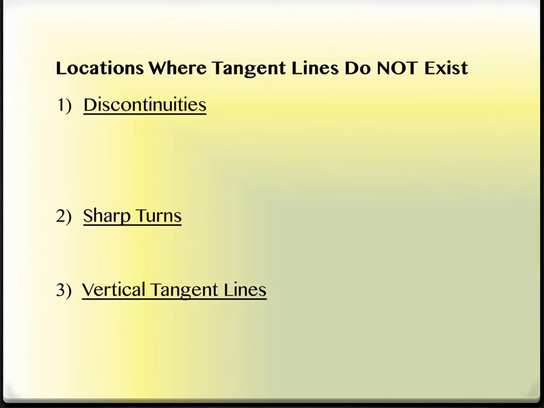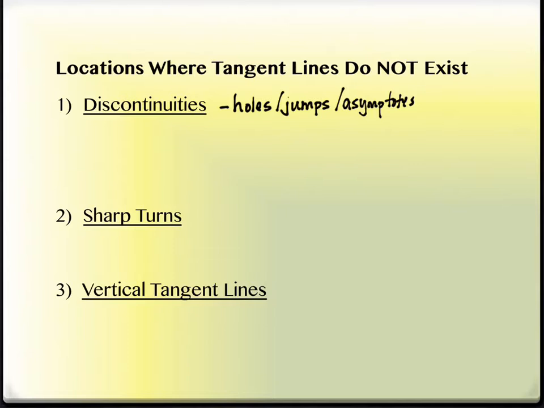So the first place where tangent lines don't exist is discontinuities. Discontinuities have to do with holes and jumps. And truthfully, I don't have it written down in my notes, but asymptotes as well. So if you have an asymptote somewhere, or if you have a hole in the graph, or if you have a jump in the graph at that specific point, the derivative will not exist.